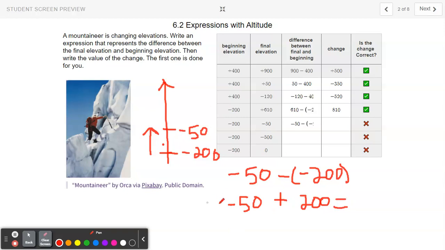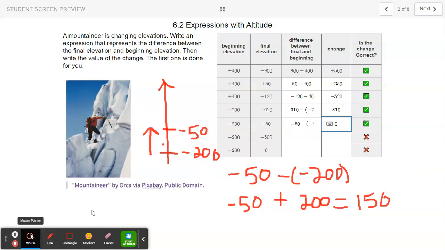And so when I solve this, I know that I'm actually subtracting, right? So 200 and getting rid of 50 negatives, I'm going to end up with positive 150. So here's my answer.